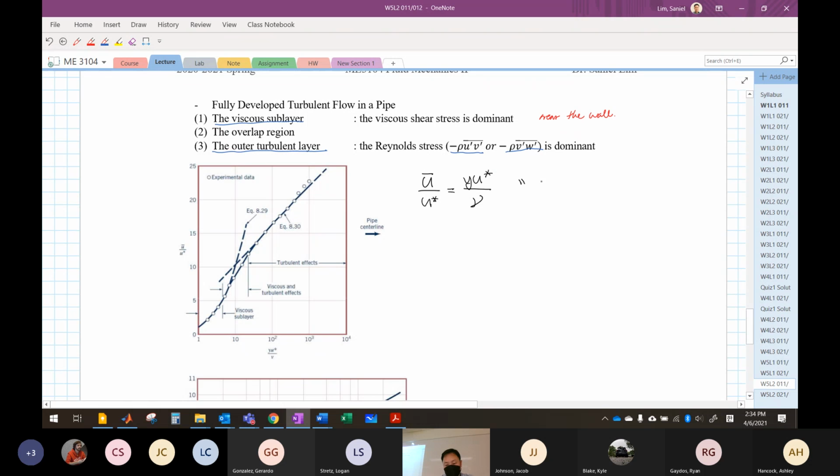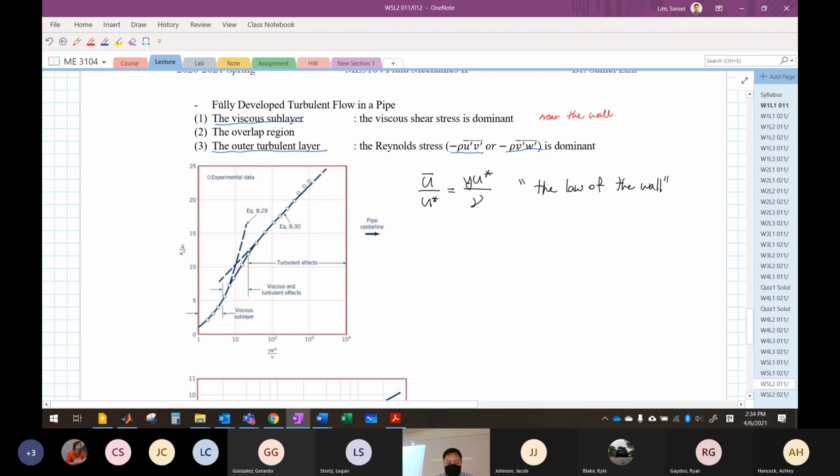We call this the law of the wall. This equation can explain the velocity profiles, especially near the wall. If you go away from the wall, then this equation doesn't fit the empirical data.